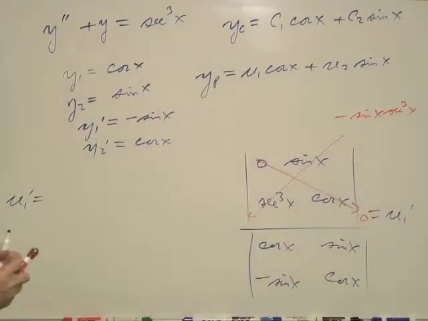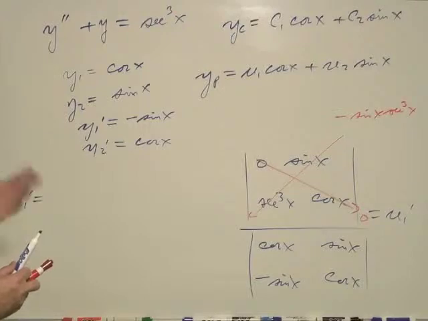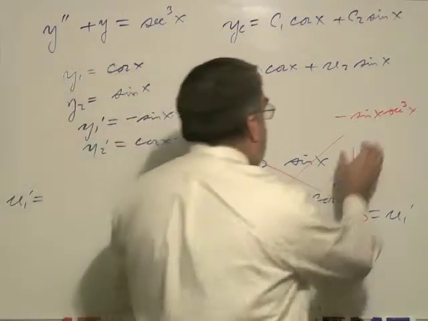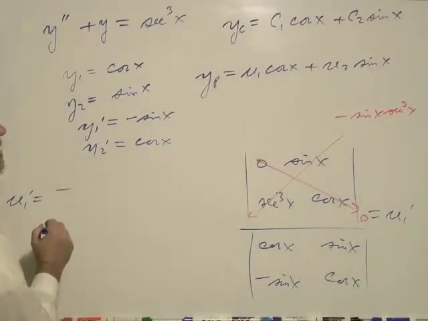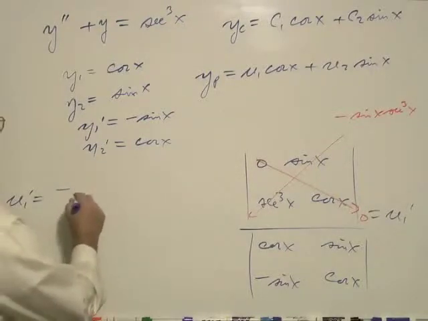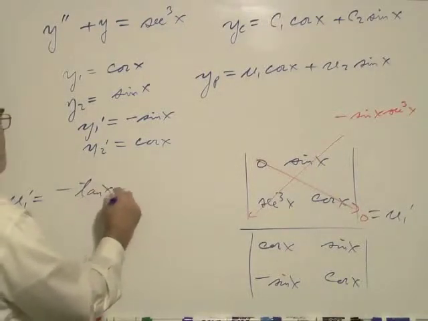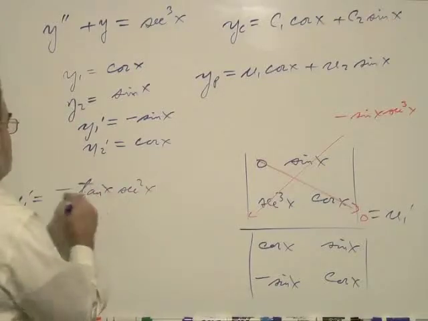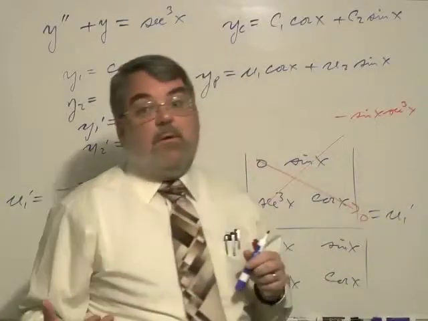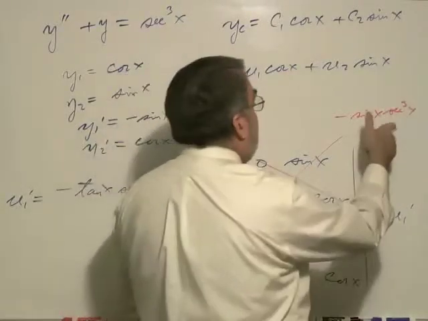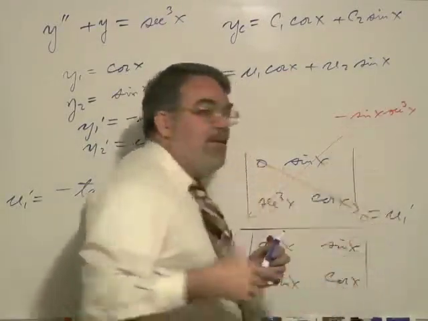All right. And now I think probably we can be productive to think of this as minus tangent x secant squared x. Because if we take out one of the secants, secant is 1 over cosine, of course. So I have 1 over cosine times sine. That sine over cosine is tangent.